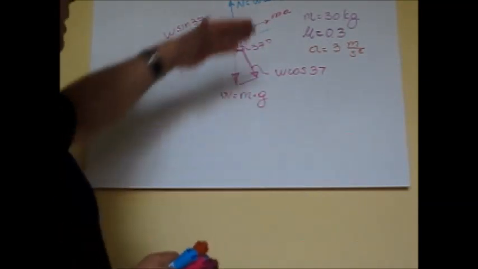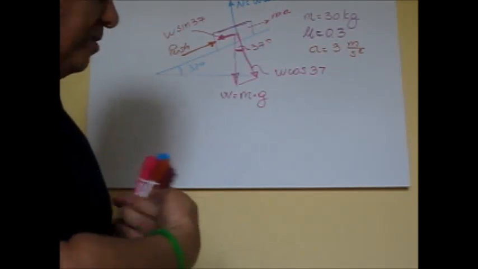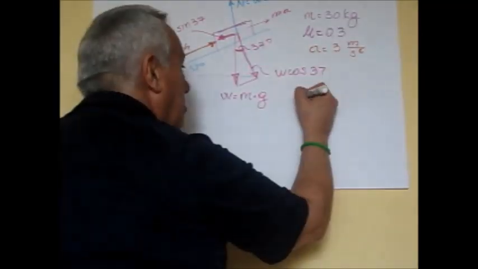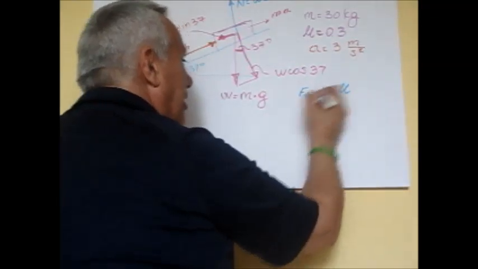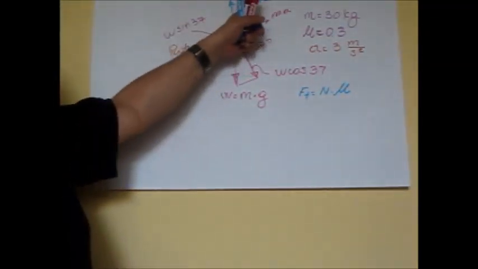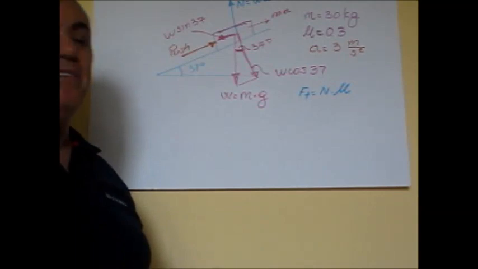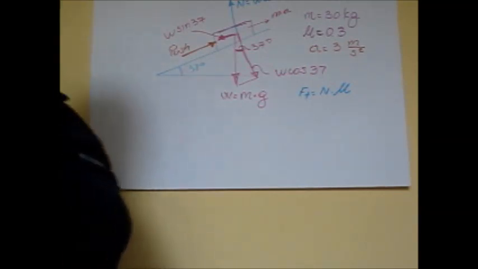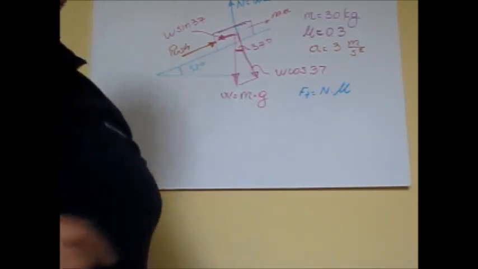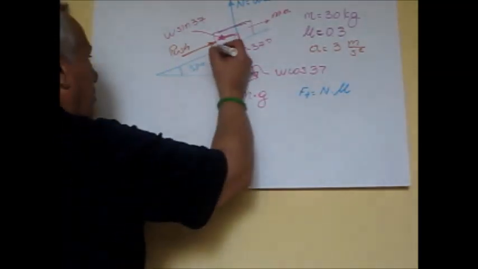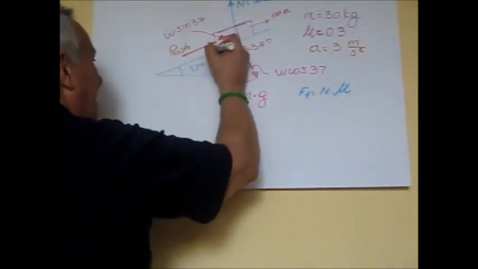The friction between those two surfaces. The force of friction, as you know, is the normal force times the coefficient of friction. The normal force you have, the coefficient of friction is given. Now, what is the direction? Never forget that the force of friction is always opposite to the motion. So the force of friction is this one here.